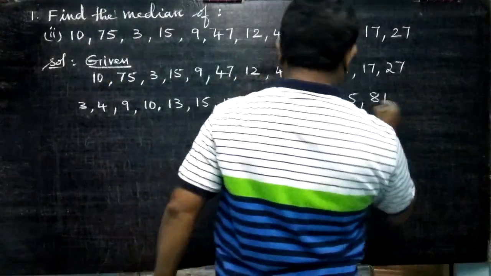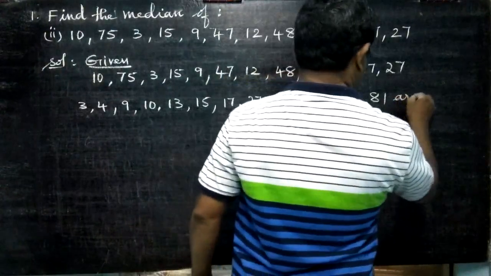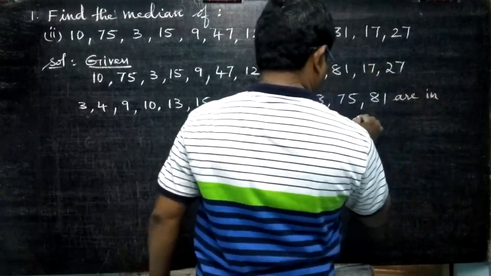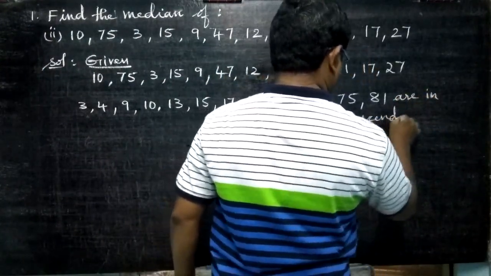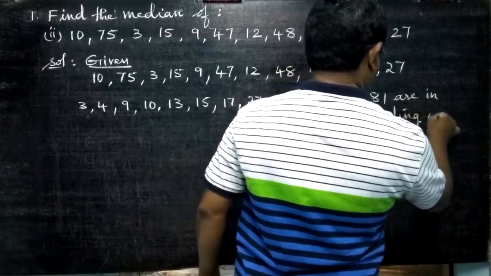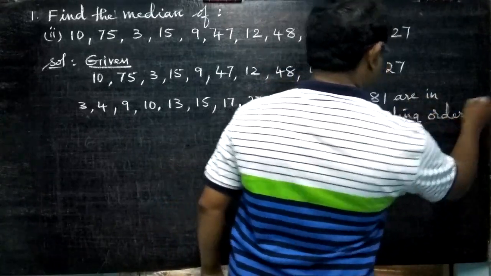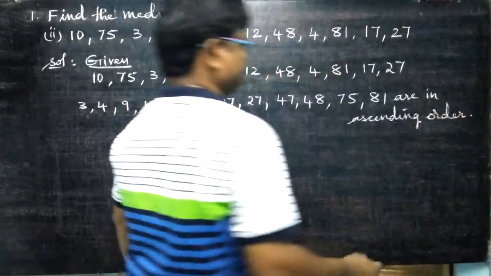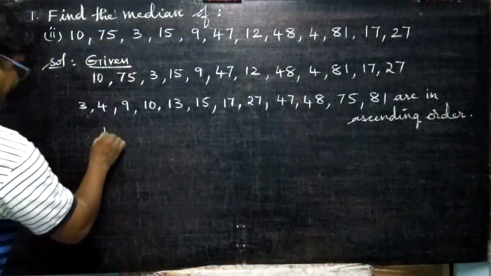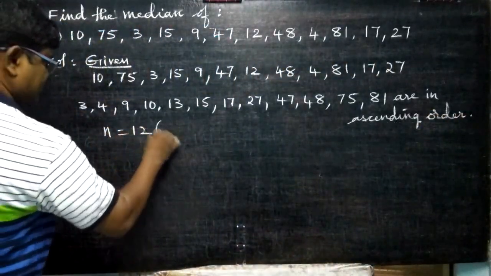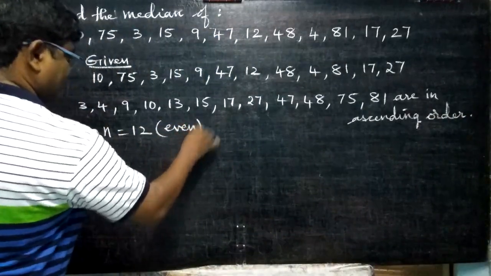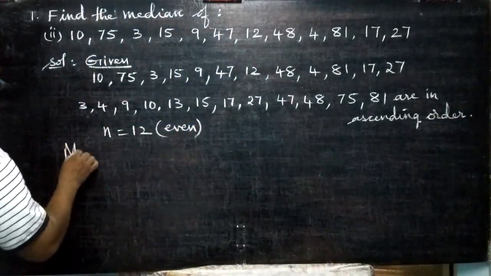Now that we are arranging, we have to write "are in ascending order." Compulsory, you have to mention this. Now here n we got as 12. 12 means what? Even. Now the formula for median.